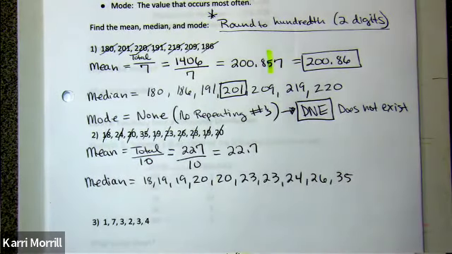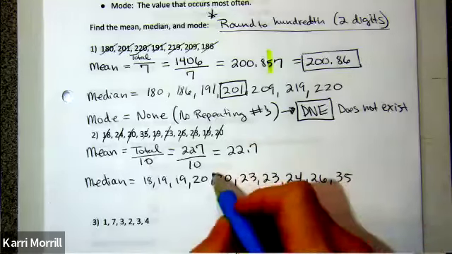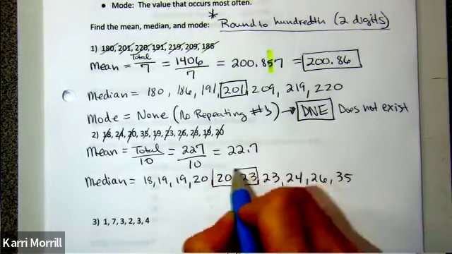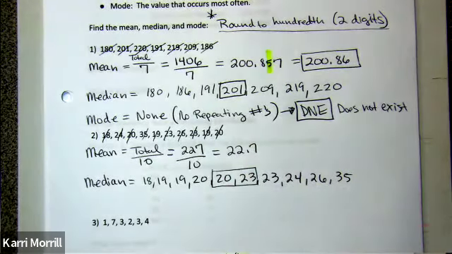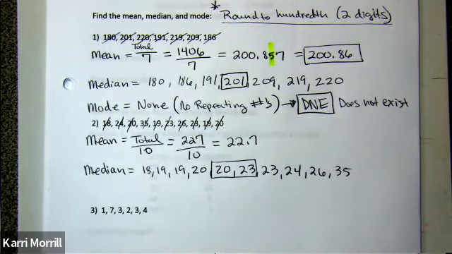So if it's 10, that means we have 2 middle numbers that are going to be the middle area of this set of data. If you take 10 and divide it by 2, you would get 5. So 1, 2, 3, 4, 5. That would mean the 5th and the 6th, the one right next to it, would be the other side's middle number, right?